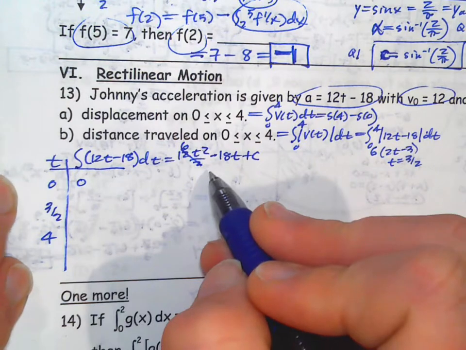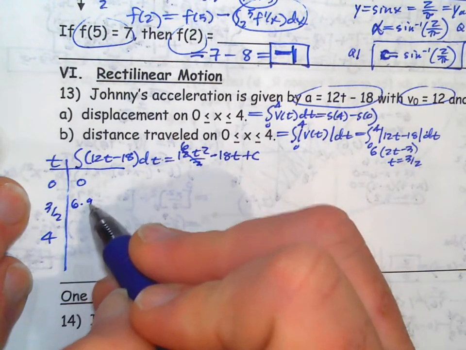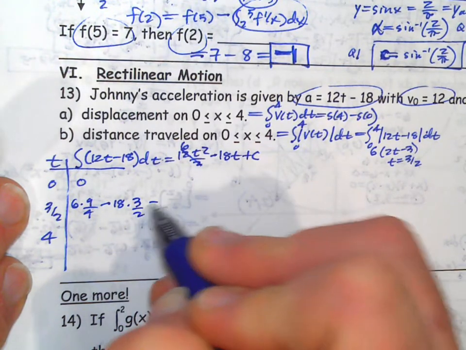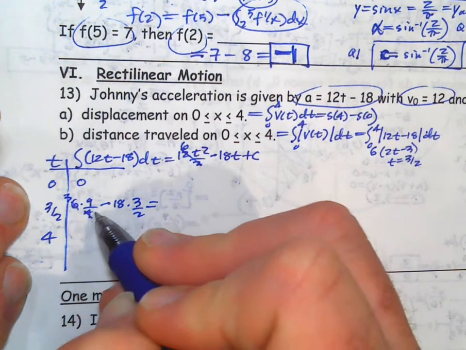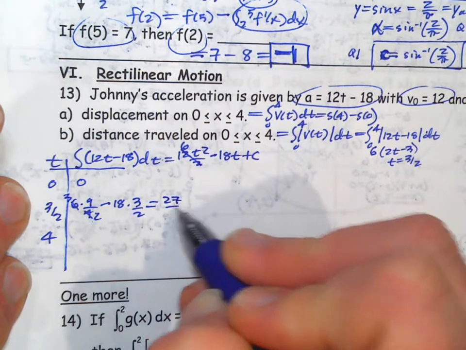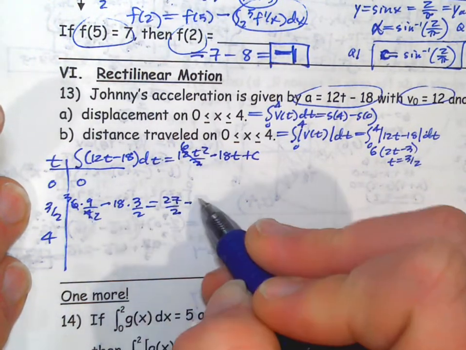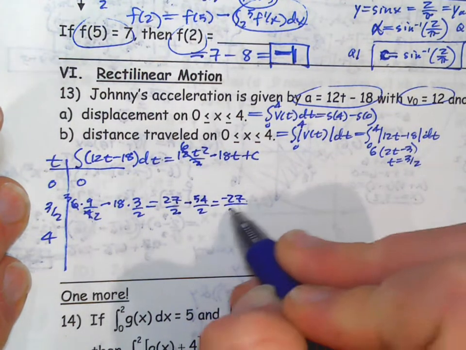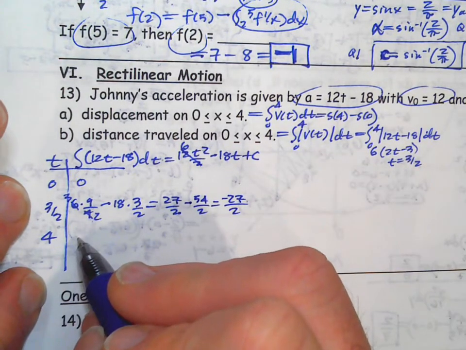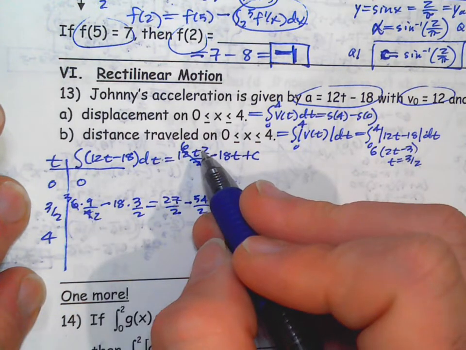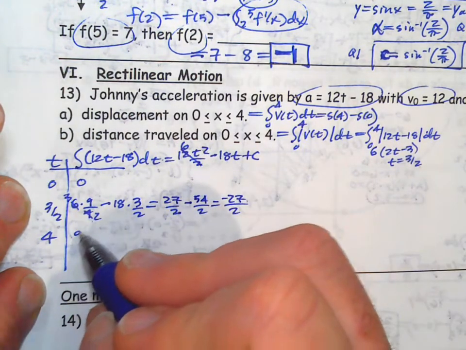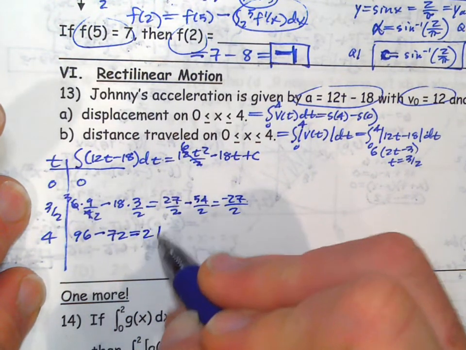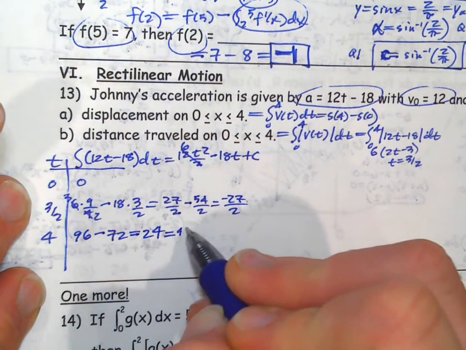If I plug 3 halves in here, I get 6 times 9 fourths minus 18 times 3 halves, which is 27 halves minus 54 halves, which is negative 27 halves. And I plug 4 in, and I get 6 times 16 is 96 minus 72 is 24, or 48 halves.